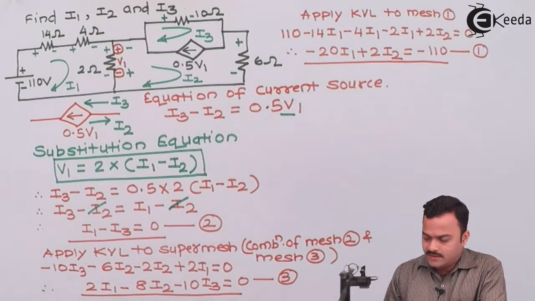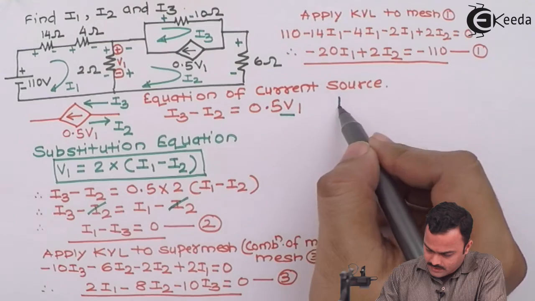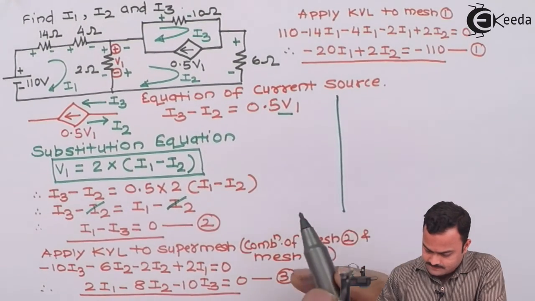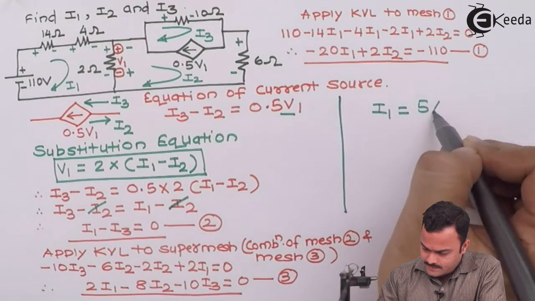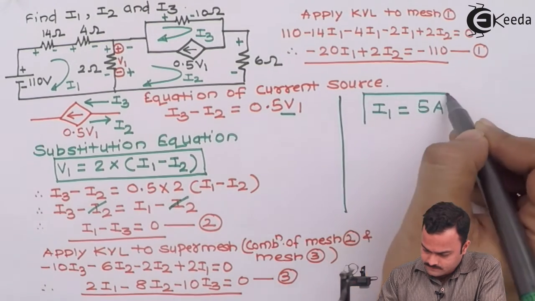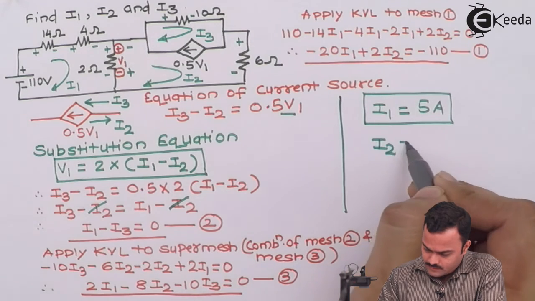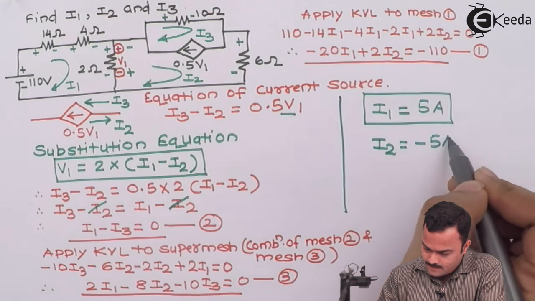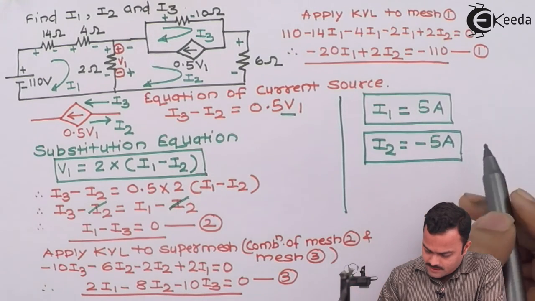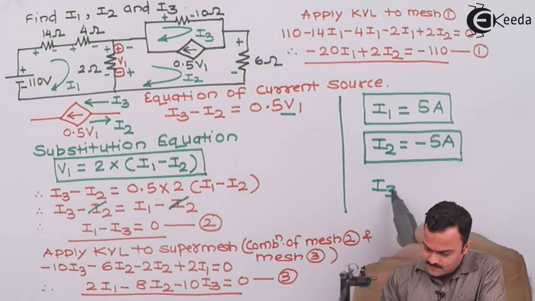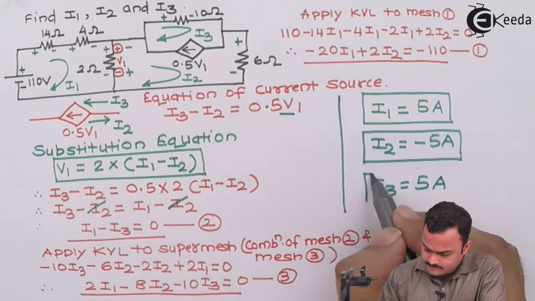So 3 equations, 3 unknowns. We can solve these 3 equations to get I1, I2, I3. I1 we get as 5 ampere, I2 as minus 5 ampere, and I3 once again the same as I1, which is nothing but 5 ampere.